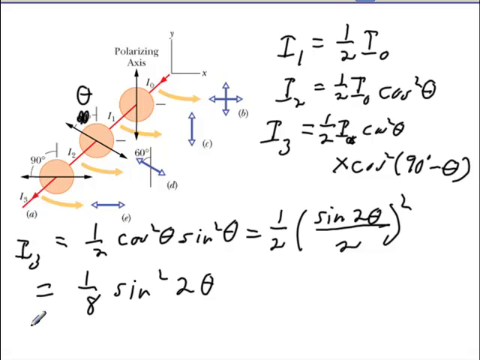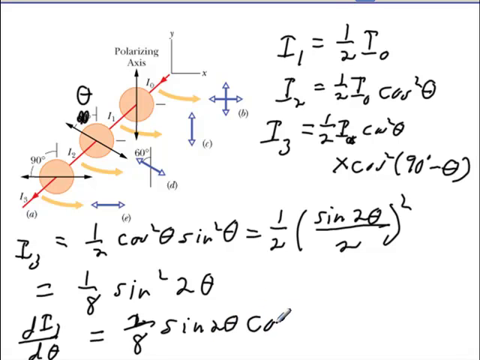Now to maximize that, I just take the derivative of I3 with respect to theta. That's going to be 2/8 sine 2 theta times the derivative of that, which is cosine of 2 theta times 2. And we set that all equal to 0.